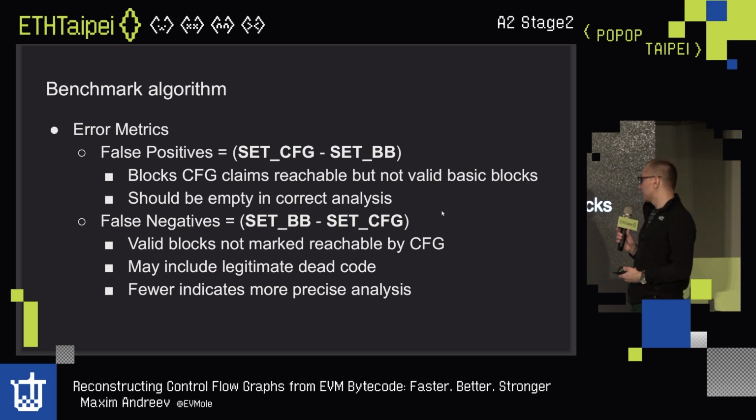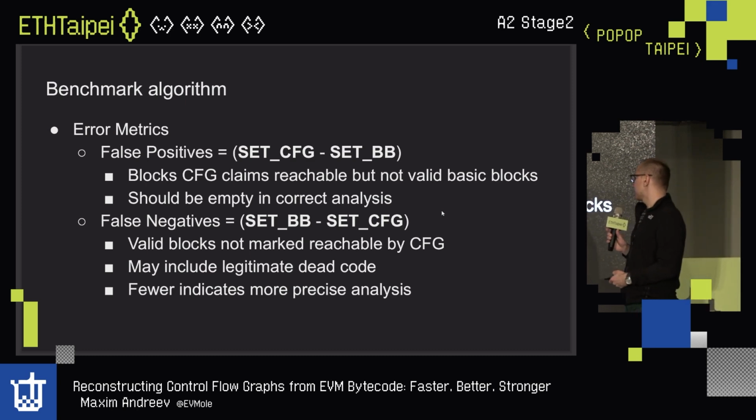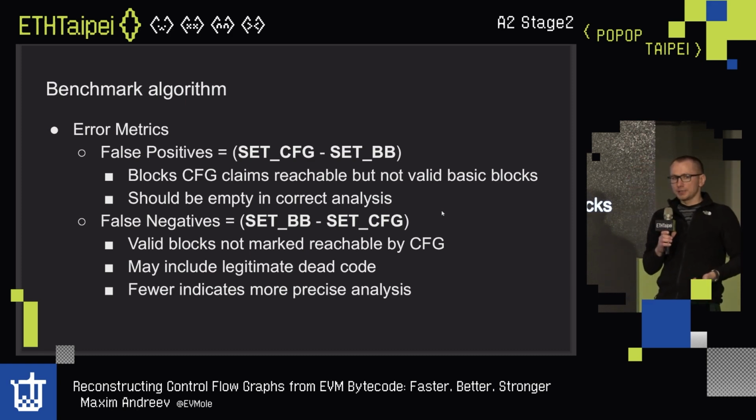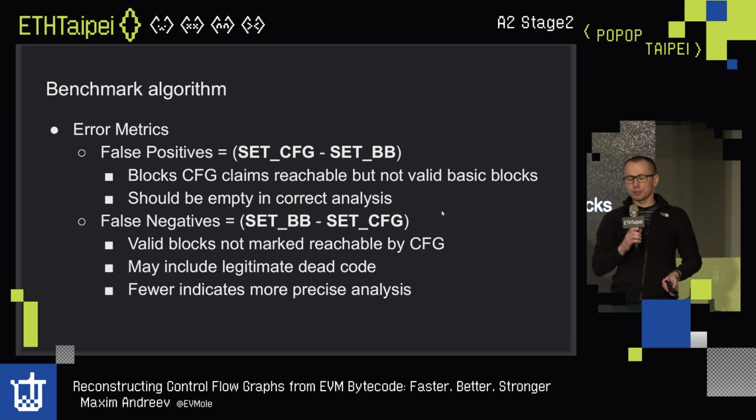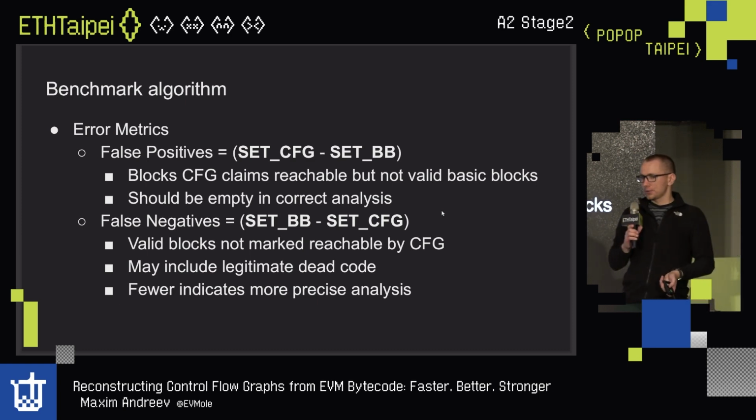The first one is the blocks that the algorithm claims are reachable, but they are definitely not reachable by our analysis. And the false negatives are valid blocks that are not marked as reachable by the algorithm. But as I said, some compilers, especially older versions of the Solidity compiler, or if you run a modern version without enough optimization runs, or some older Vyper compilers, may include that code.